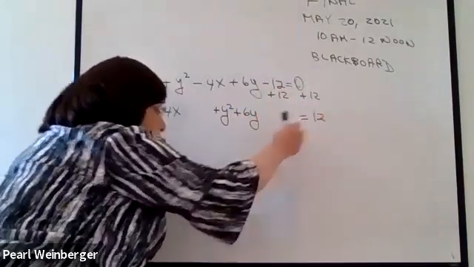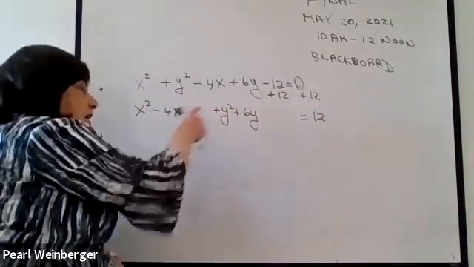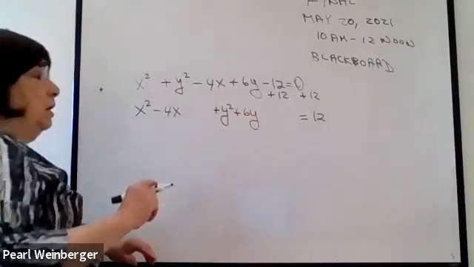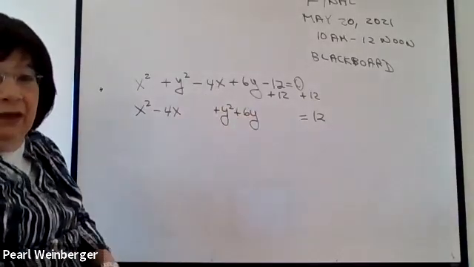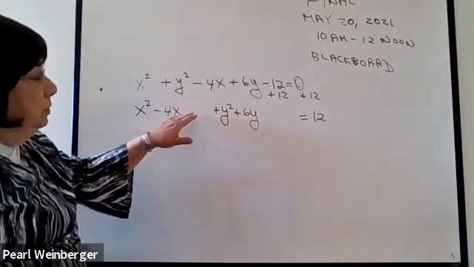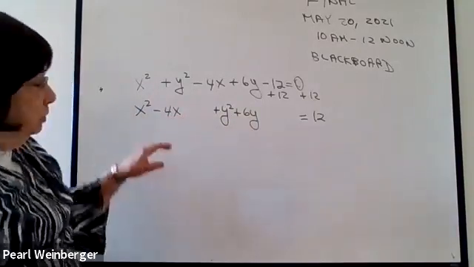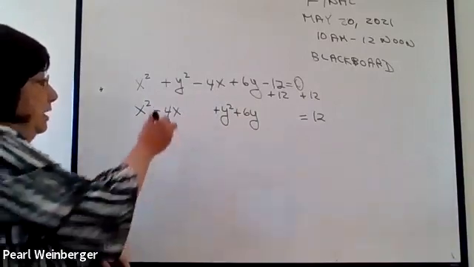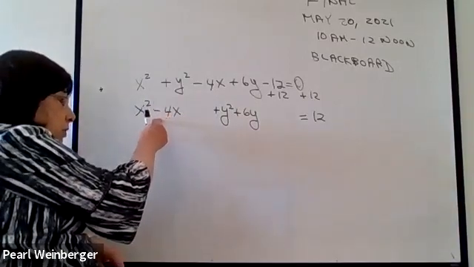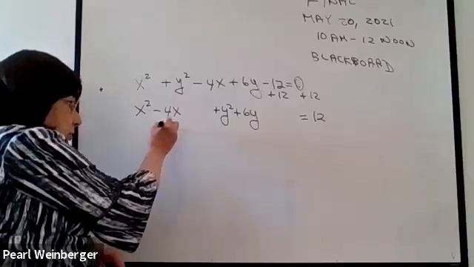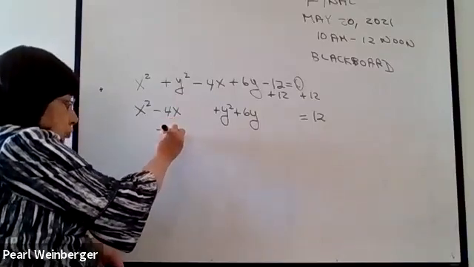Now, if you notice, I left spaces next to the x and the y terms because we're going to do this process of completing the square, just like we did when we were solving quadratic equations. To complete the square, we take half of the number in front of the x, which divided by 2 gives me -2.